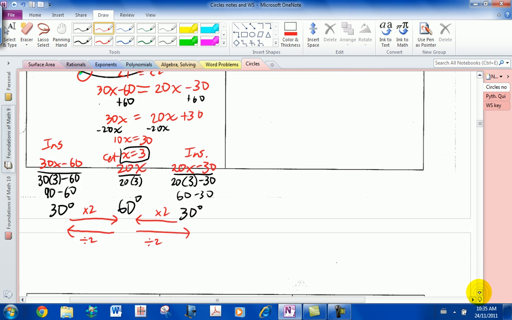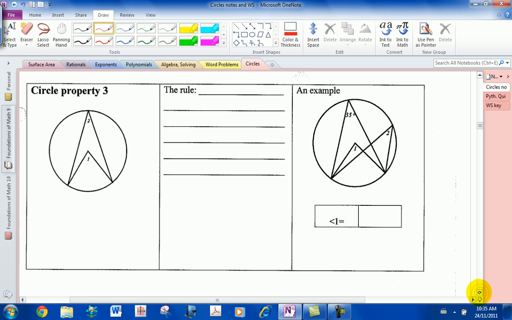Turn it over. So circle property 3. We just looked at this. Angle 1 equals a central angle. Angle 2 is an inscribed angle. So if we're going from angle 1 to angle 2, what do we have to do?